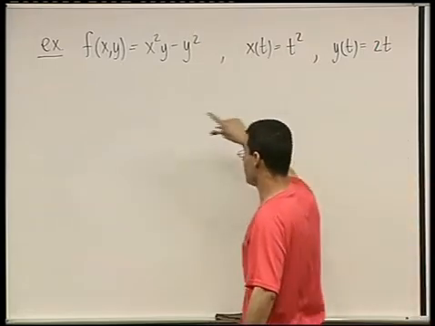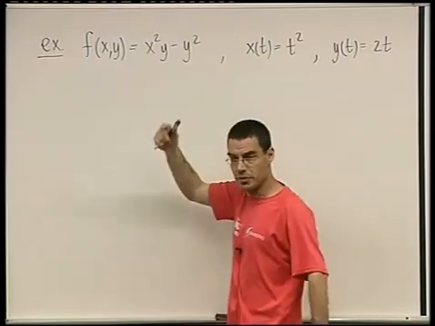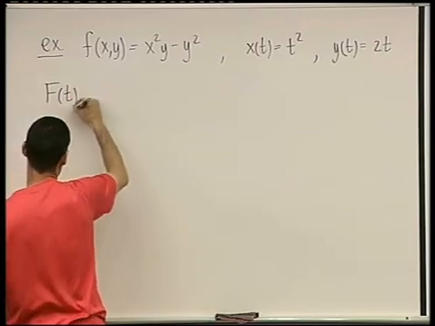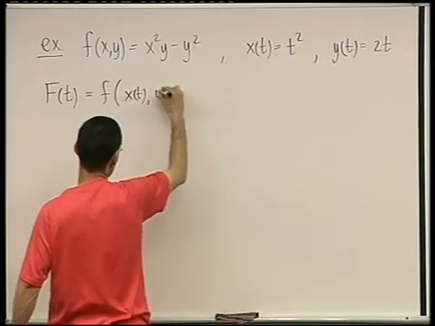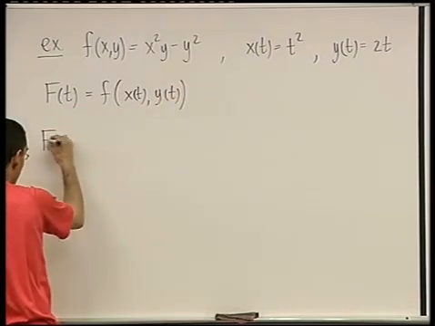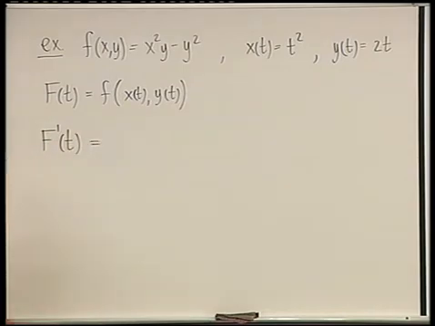I want to do f of x of t, y of t, and find its derivative. Remember, f of t is by definition little f of x of t, y of t. And we want to find f prime of t, the derivative of this function with respect to t.